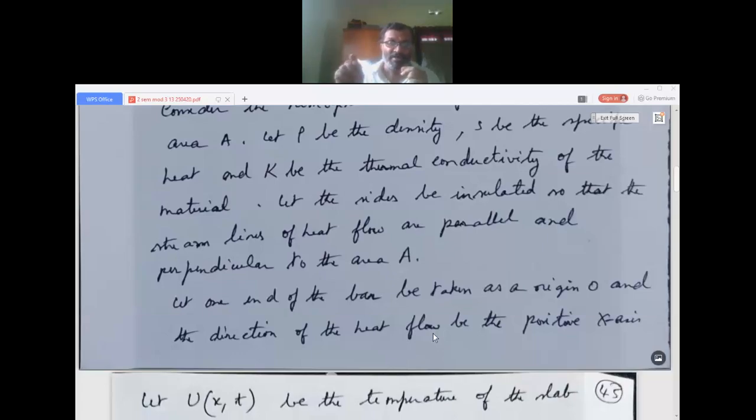So the bar is considered horizontally like this.